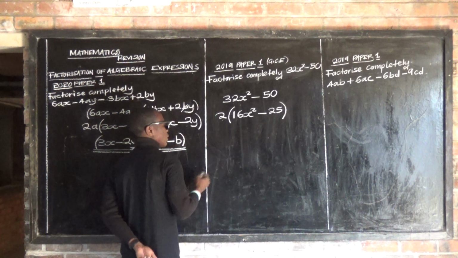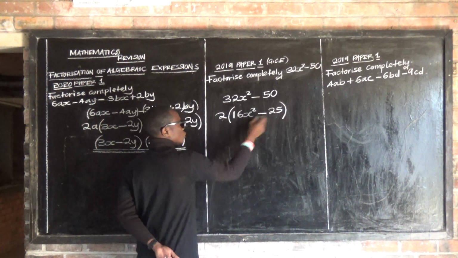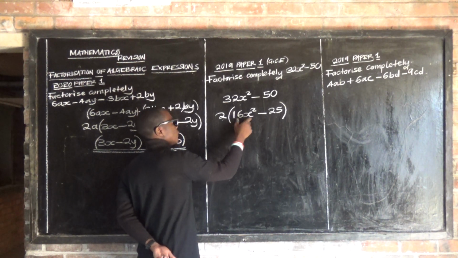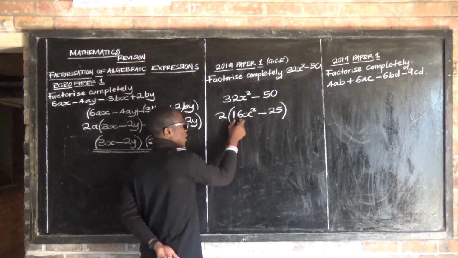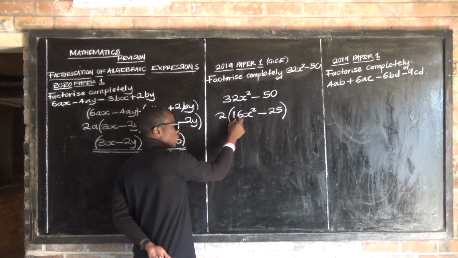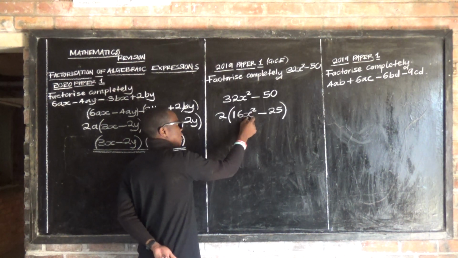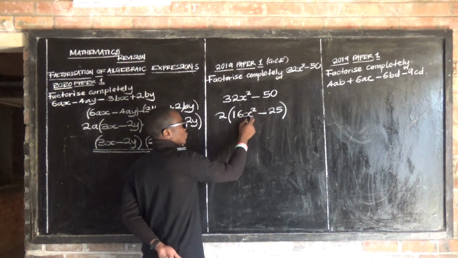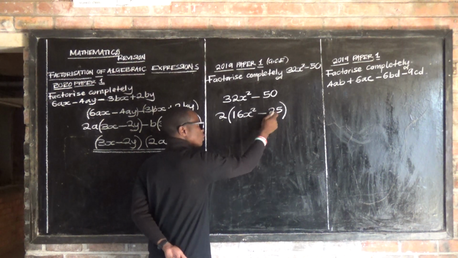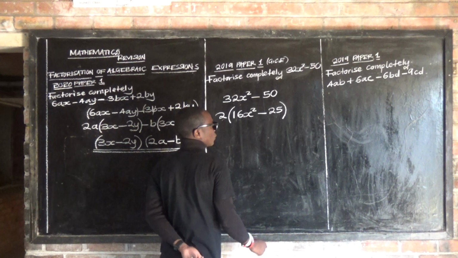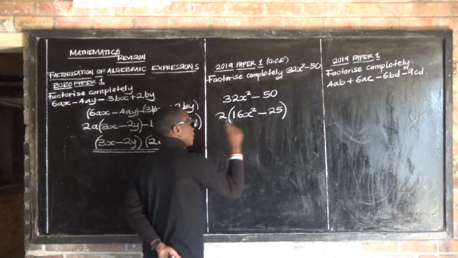Then what we have is a difference of 2 squares. This term is a perfect square. Even this term is a perfect square because 16 is a product of 2 identical factors, which is 4 times 4. Then for us to get x squared, we multiply x times x. So this one is a perfect square as well. Inclusive with this one is also a perfect square, because for us to get 25, you multiply 5 by 5.